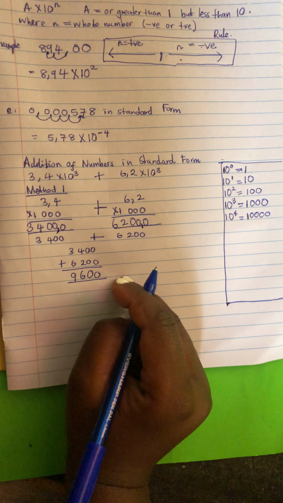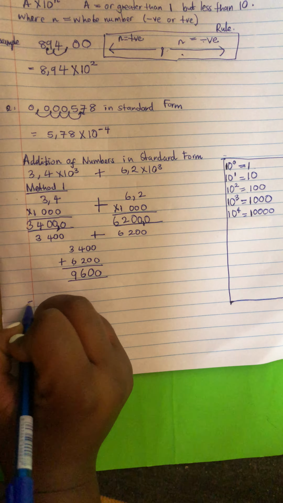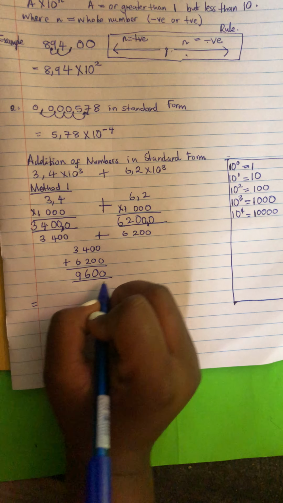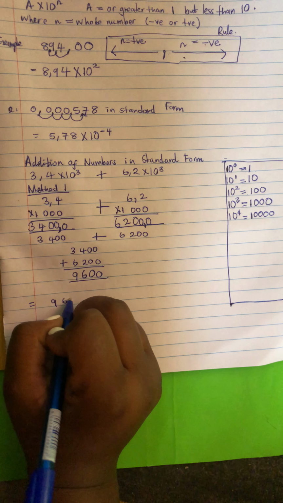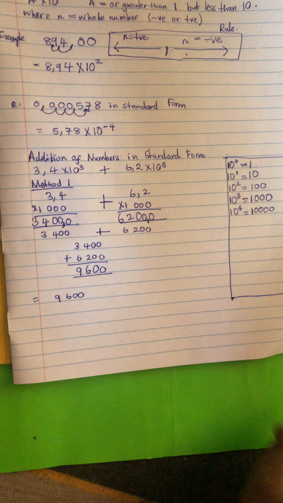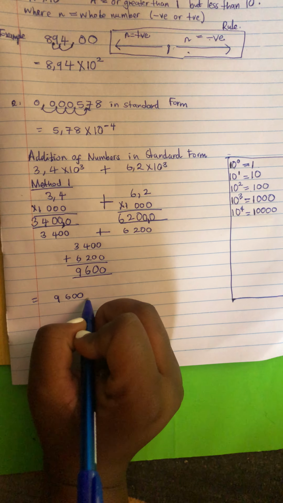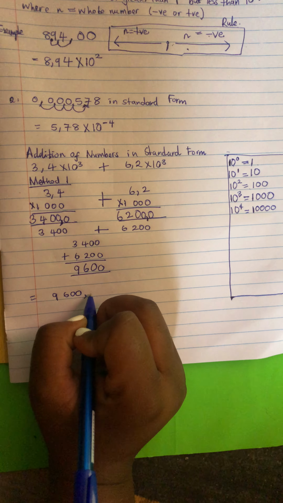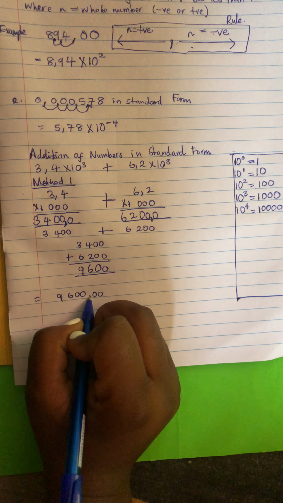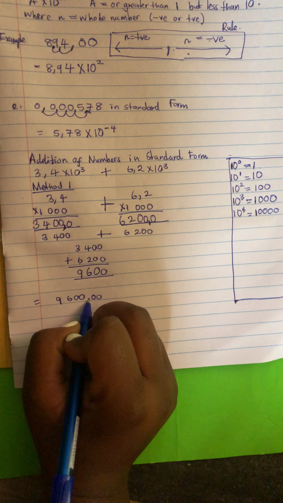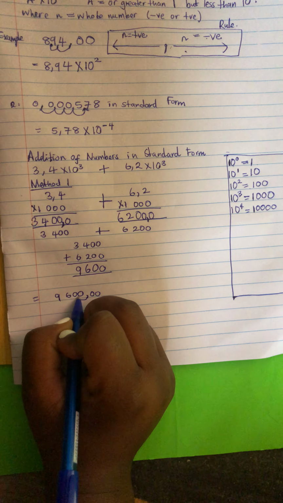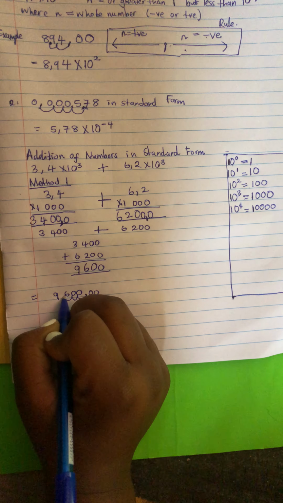Now we convert back to standard form. As I said in my first lesson, we put an imaginary comma here and a 0, 0. So we move our comma towards the left. So we say 1, 2, 3.